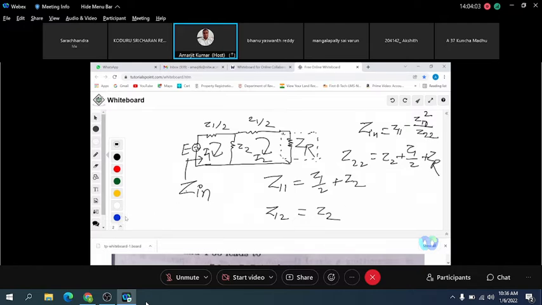So basically Zin will be equal to Z11, which is Z1 by 2 plus Z2, minus Z12 whole square, so Z2 square, divided by Z22, which is Z2 plus ZR plus Z1 by 2.